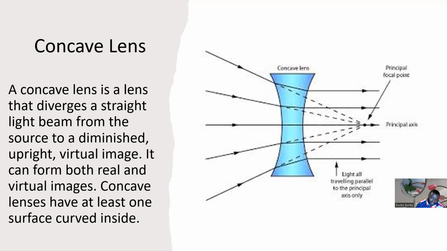Concave lenses can produce only virtual images because parallel light rays pass through the lens and never meet. So pretty much they bend from the axis and they never meet.